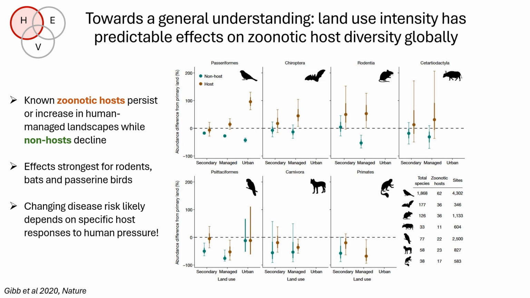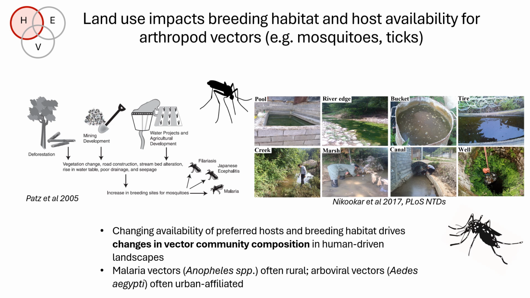So what this suggests from the perspective of zoonoses is that there is actually quite a lot of heterogeneity in how we might expect these systems to respond, and that changes in disease hazards and risks to humans may depend a lot on the specific host responses to human pressures. And we also know that vector biodiversity responds in similar ways to local environmental change, right?